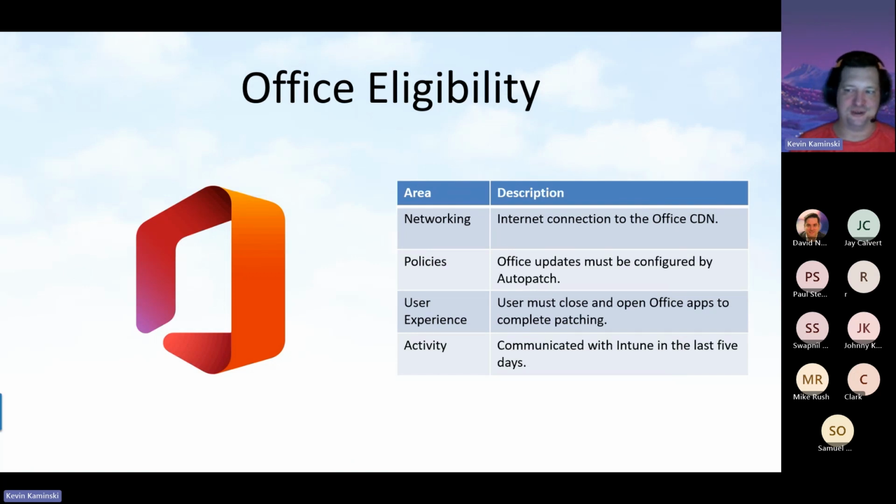There's group policy, local group policy, registry edits, Office cloud policies, Intune MDM. You gotta know which method you chose to configure Office and make sure that the update configuration settings aren't set, as they would conflict with Autopatch.